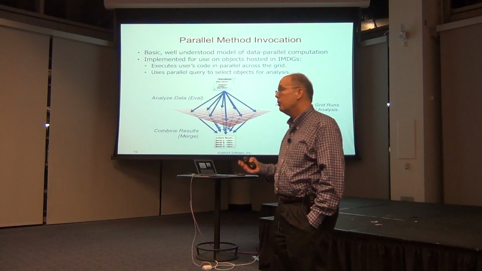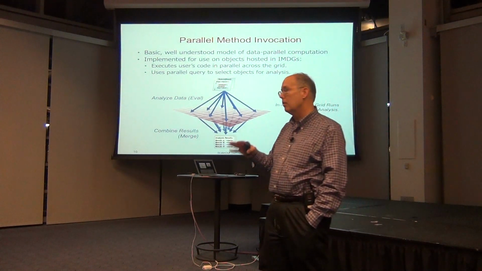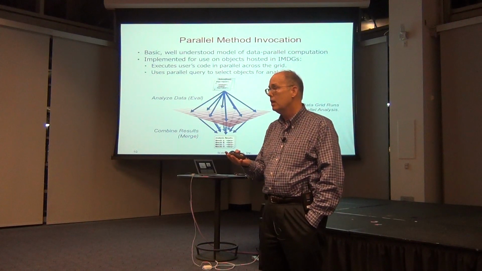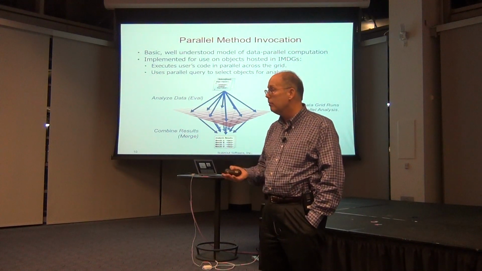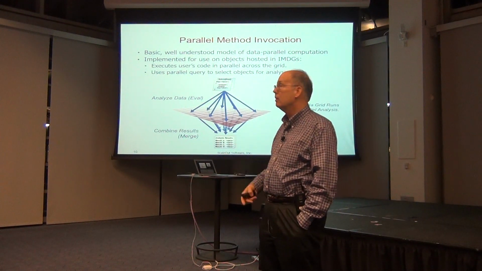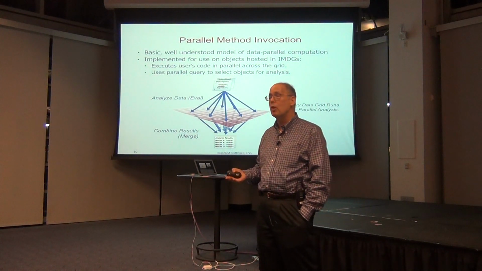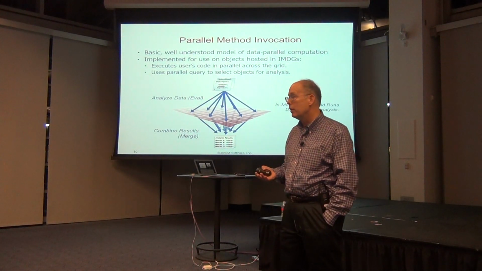In addition, you can do data parallel analysis on those objects, using parallel query to select the objects that you want to analyze, and then applying a method, equivalent to a map method, which we call eval or analyze, on that data, and then doing what in MapReduce is called combining, which is what we call merging.